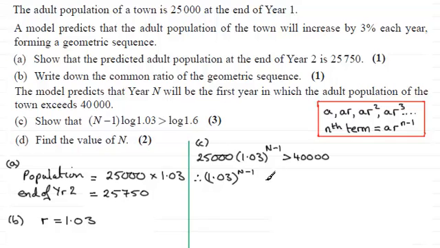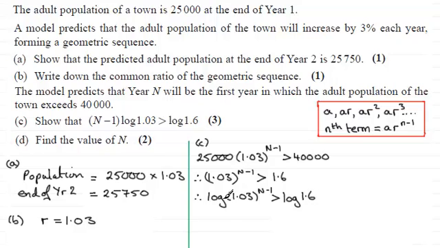So if I divide both sides by 25,000, we're going to have 40,000 divided by 25,000, which turns out to be 1.6. Because I'm trying to find the unknown here, which is a power, we need to introduce logs. So I'm going to take logs to base 10 of both sides. Therefore we get the log of 1.03 to the power n minus 1 is greater than the log of 1.6.